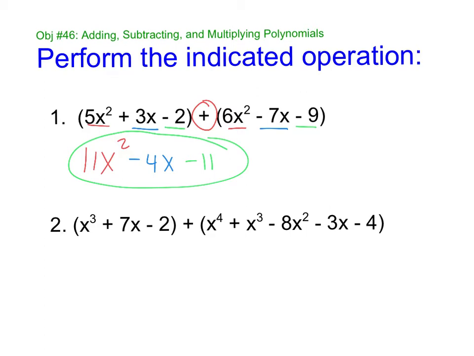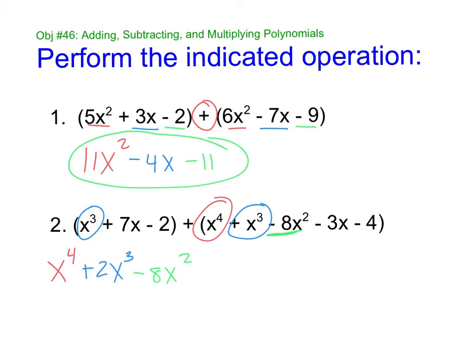Okay, now this one, I have x to the 4th, but nothing to go with it, so I'm just going to write x to the 4th. Then I have x cubed and x cubed. That gives me a 2x cubed. That's not supposed to be squared. That's supposed to be cubed. All right, and then I have negative 8x squared, which isn't going to go with anything.